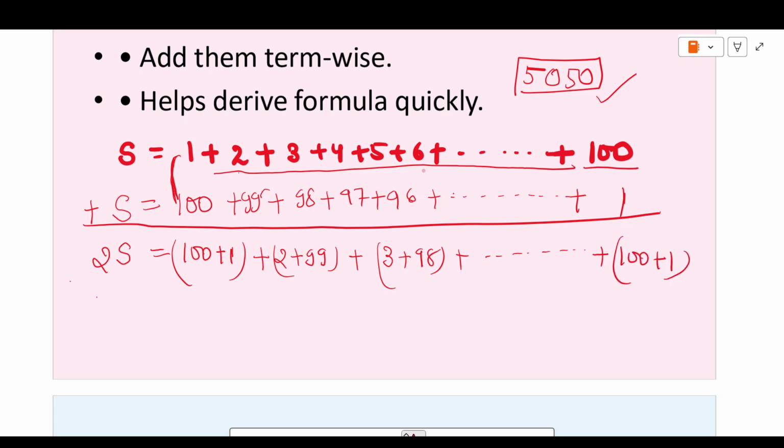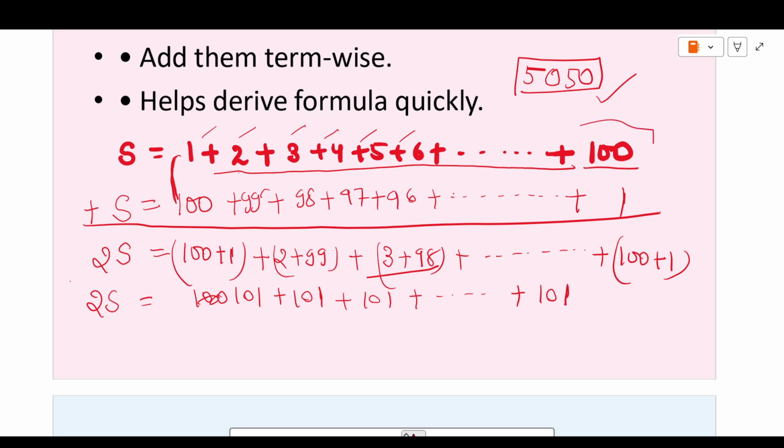So we calculate that 2S is equal to 101, 101 and so on up to 101. And you know that 1, 2, 3, 4, 5, 6 and up to 100, this is 100 terms here.